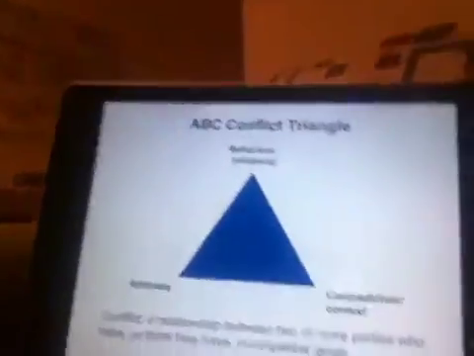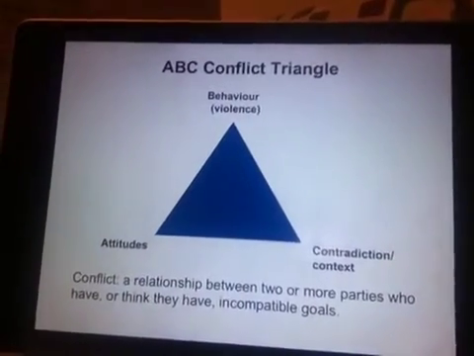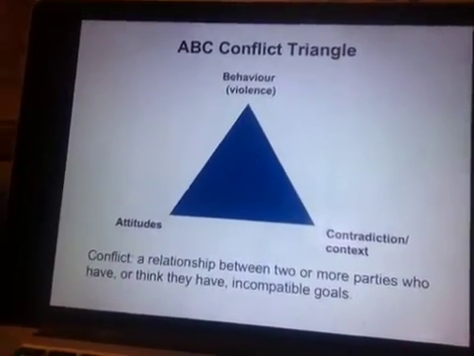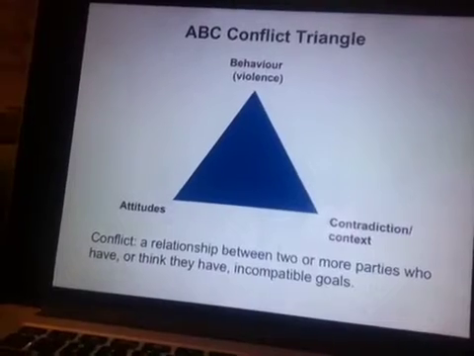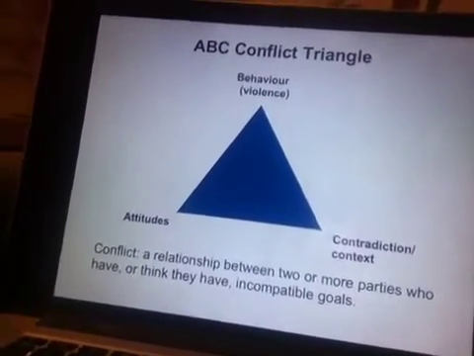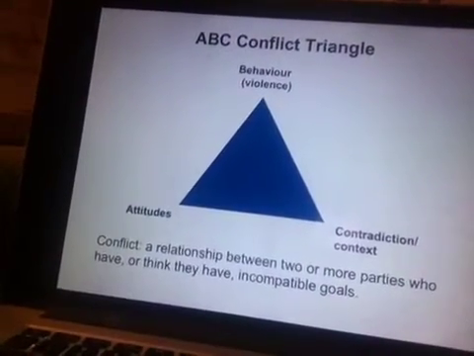If I go to PowerPoint and then View, I'm going to put it on slideshow and flick forward a few slides. There. That's the PowerPoint that I'll put on the Blackboard site. And as you can see, it shows something called the ABC conflict triangle.